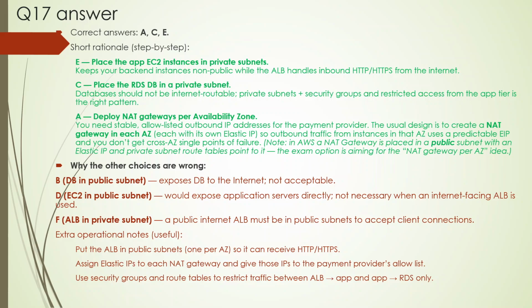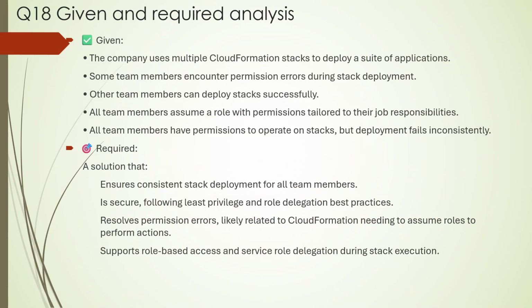And you should put the ALB in the public subnet so it can receive HTTP and HTTPS. Assign an elastic IP to each NAT gateway and give those IPs to the payment provider's allow list. Use security groups and route tables to restrict traffic between the ALB, app, and RDS only.